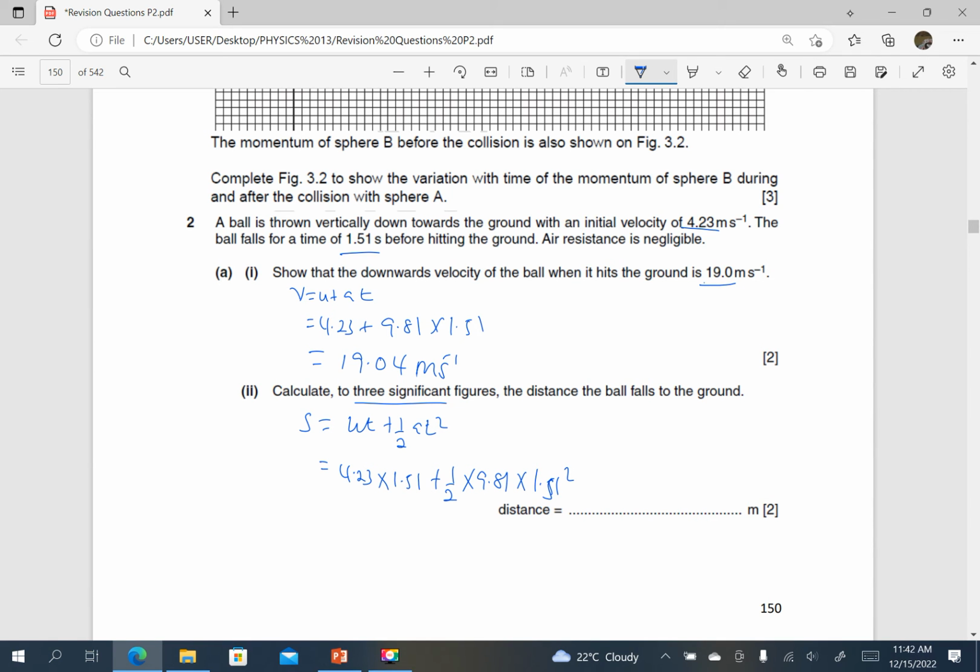So this is simple substitution. I just substitute. So on my calculator, I'm getting this as 17.6 meters.